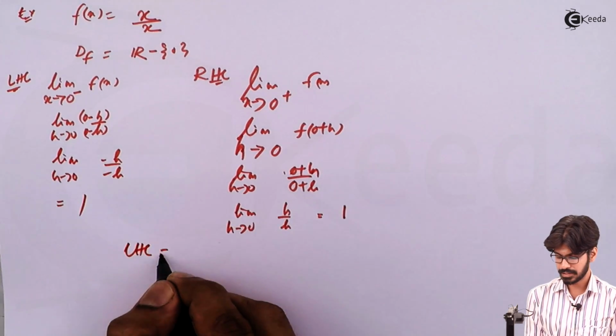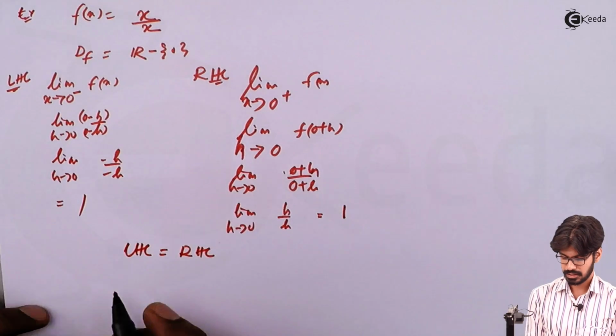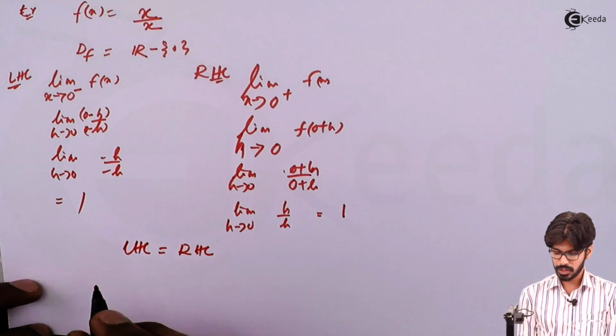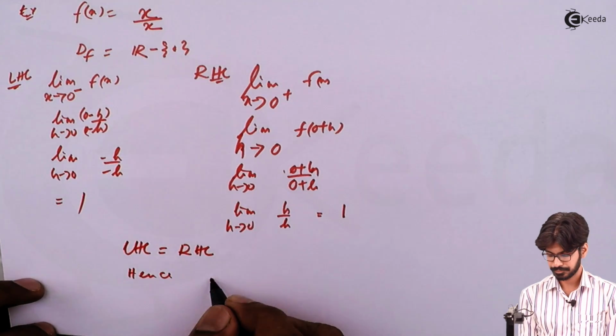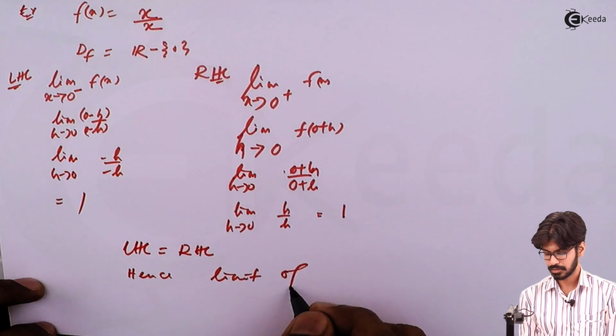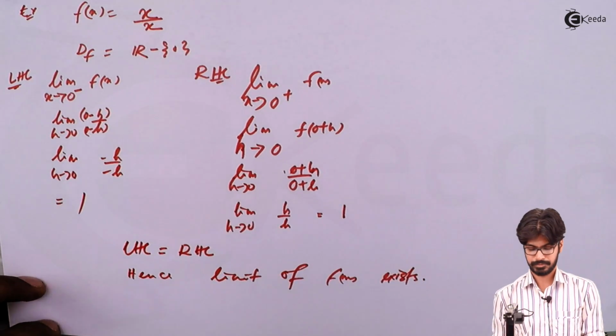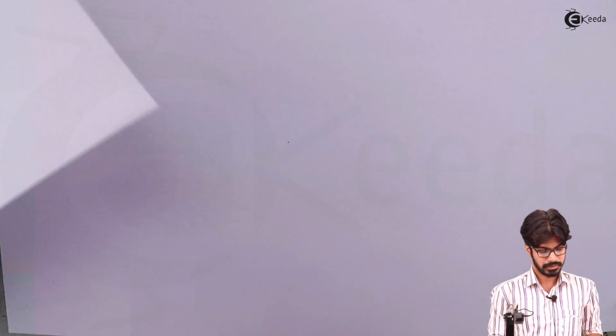Hence the left hand limit and the right hand limit of this function exist and they are both equal, hence the limit of this function f of x exists. That's all. Thank you.